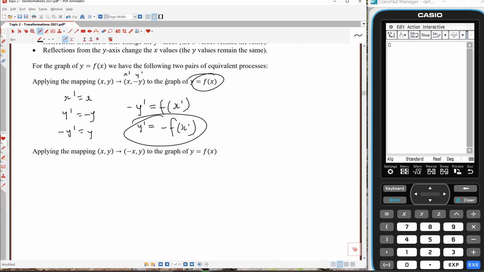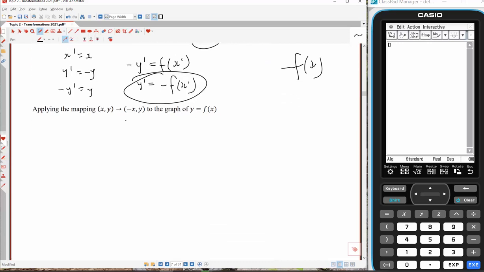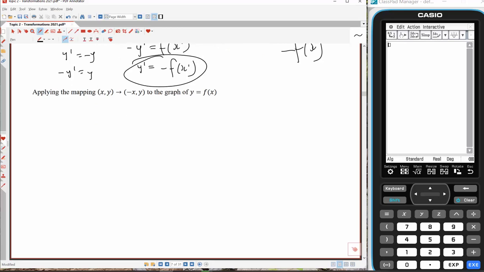Okay, so applying the mapping, to enact this transformation we can simply do negative f of x, and that'll reflect in the x-axis. Applying this mapping here, it'll be the same thing. We'll go through the same process: x dash equals negative x, y dash equals y.